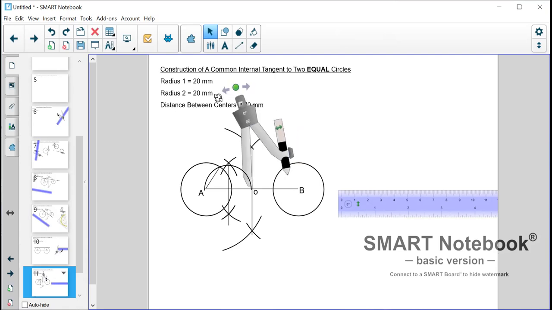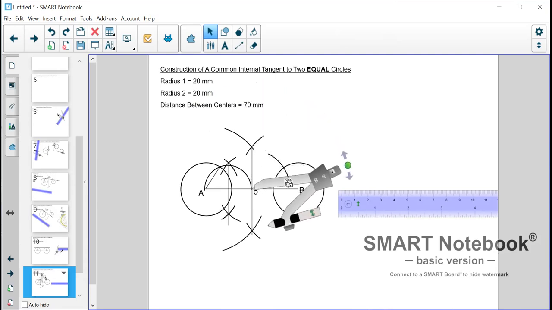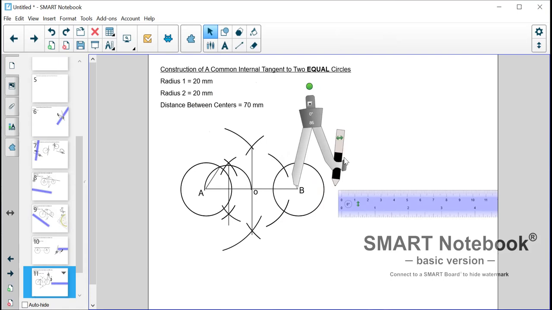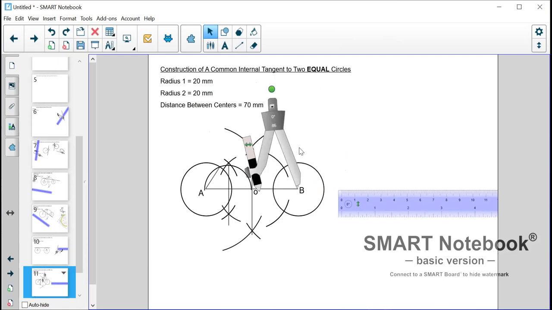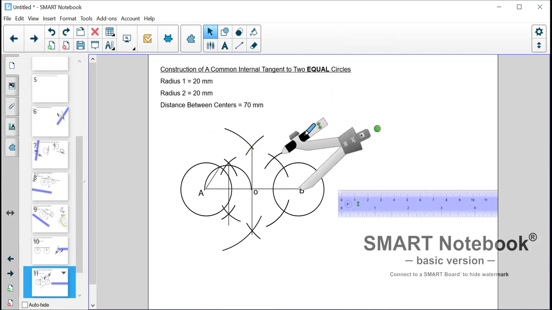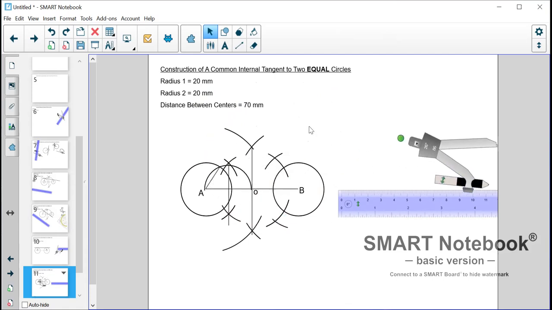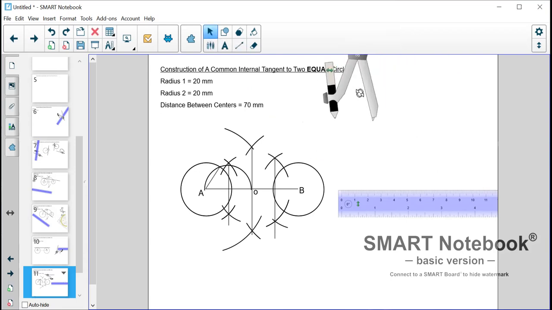So what I'll do, I'll bisect OB. Just like how we bisected AO just now, I would now bisect OB, following the same steps in bisecting the line. When we finish, we simply draw in the bisector, and that will give us the center. From that center, we draw a semicircle again.